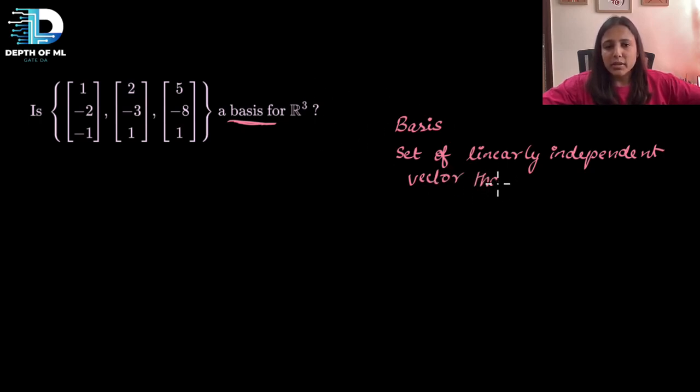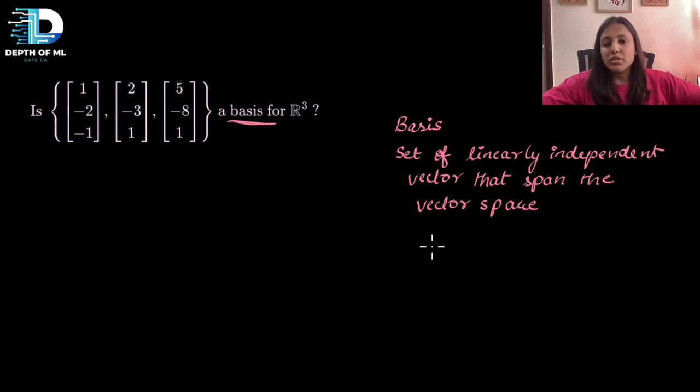Here the vector space is R3, so we want to find a set of linearly independent vectors which will span R3.